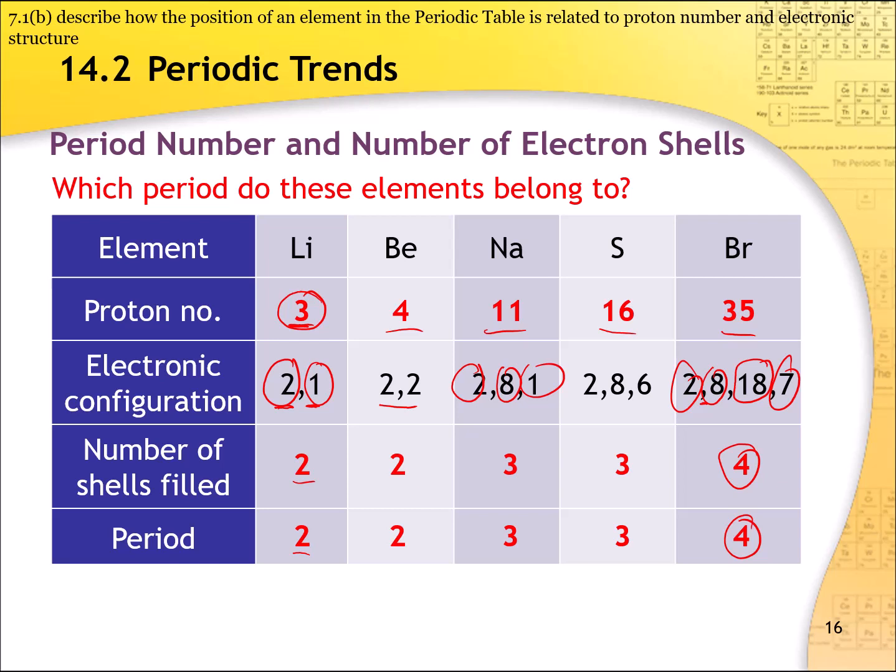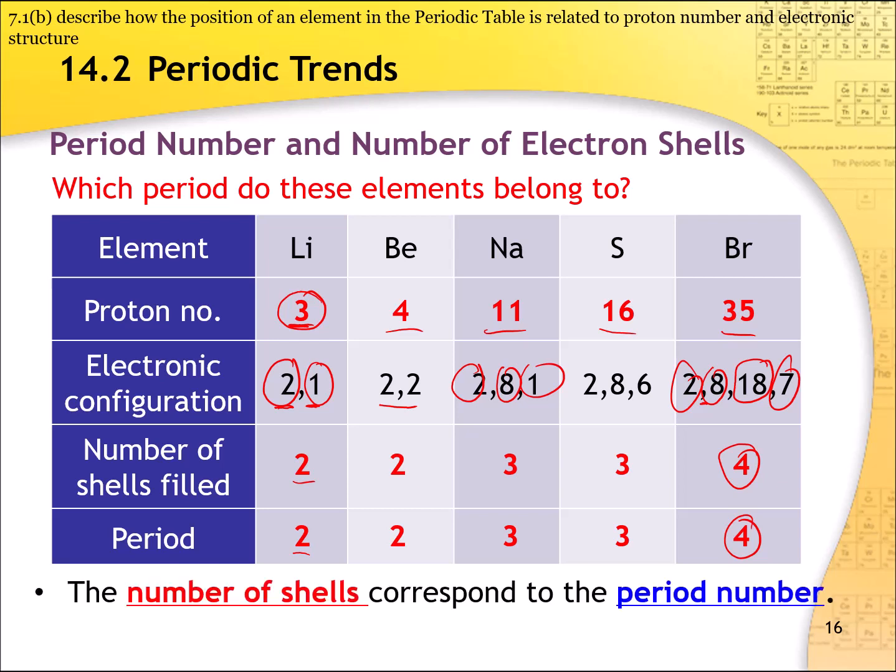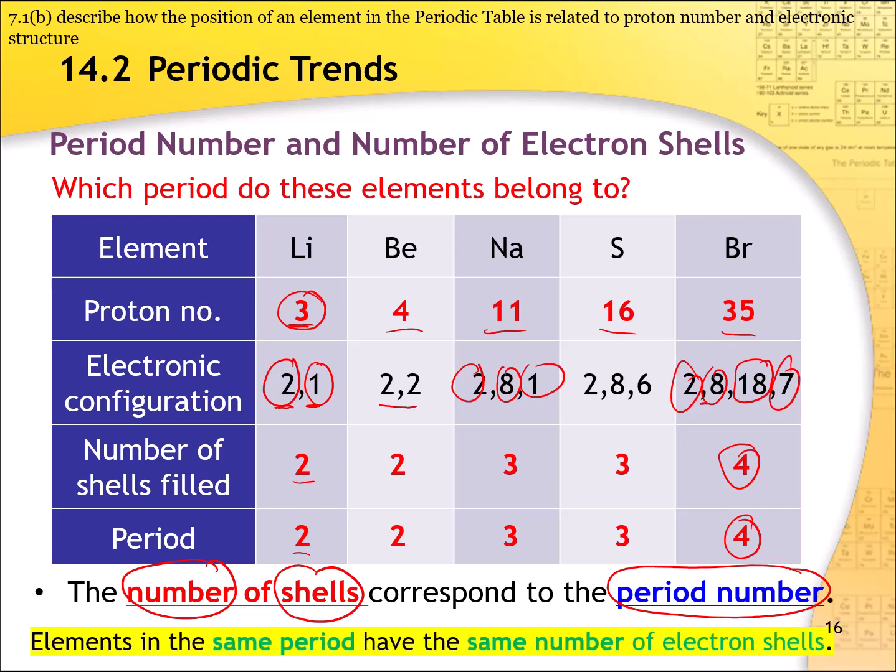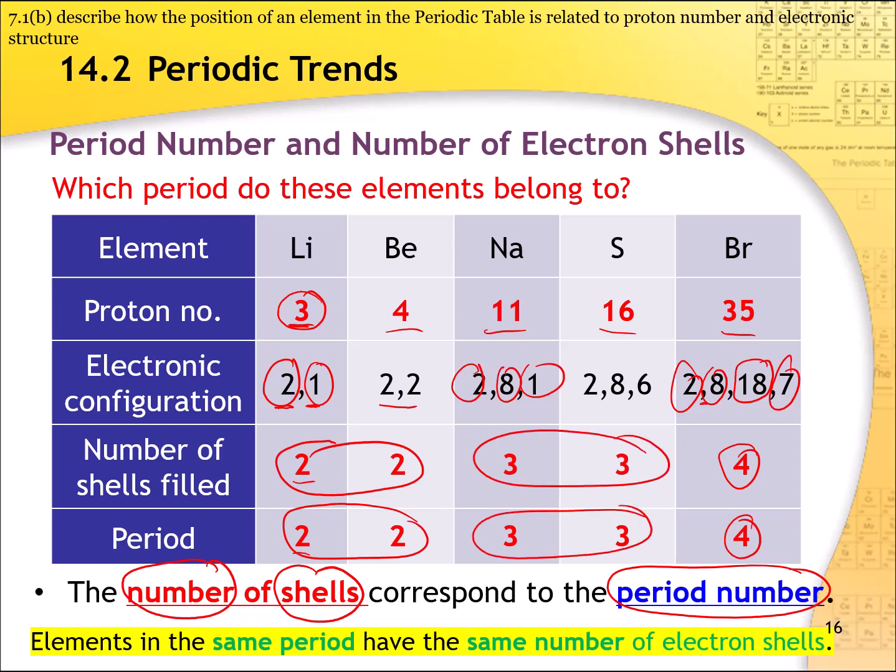This is a key fact that you must really remember: the number of shells corresponds to the period number. So what determines the period number is the number of shells. Elements in the same period have the same number of electron shells. If they have 2 shells, they must be in the same period. If there are 3 shells, they must be in period 3.